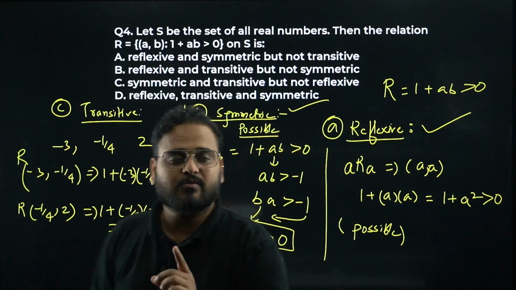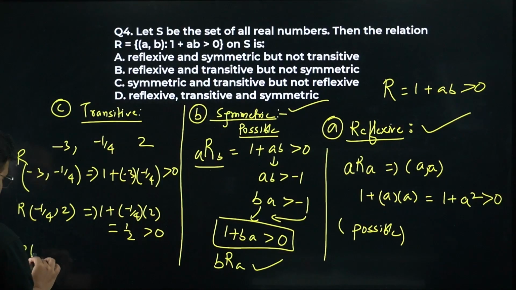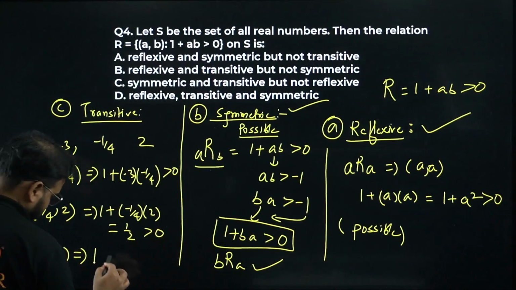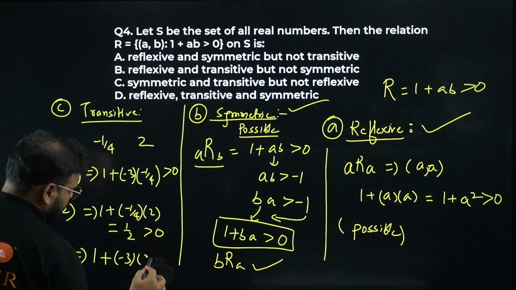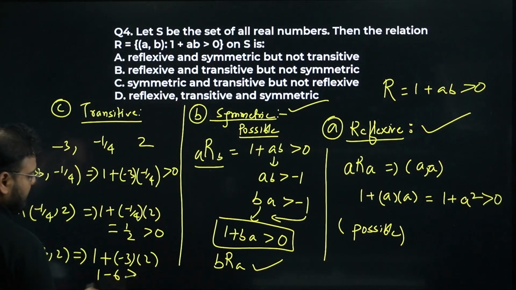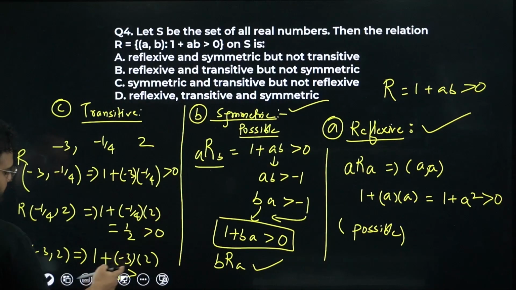Let's take the last one, which is -3 and 2. For this, what do I get? I end up with 1 plus -3 times 2. How much is this? 1 minus 6.